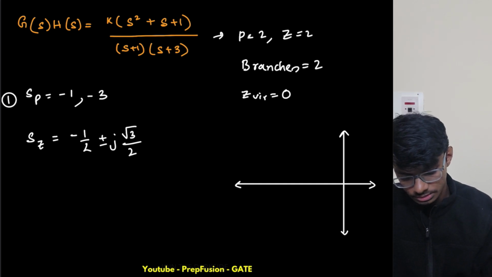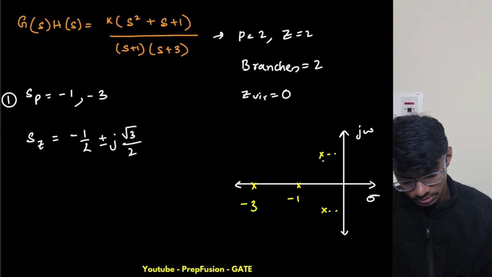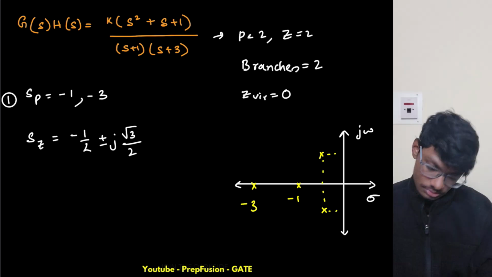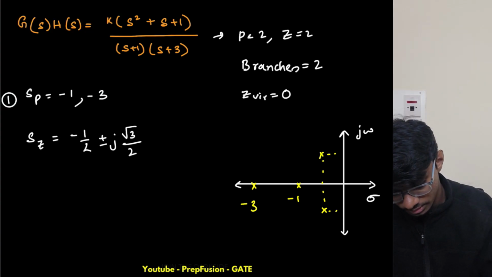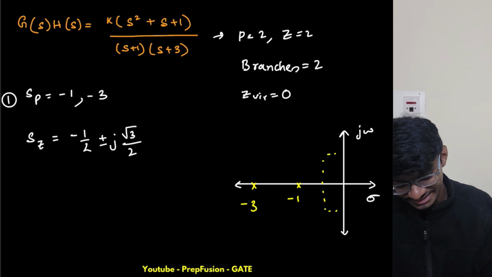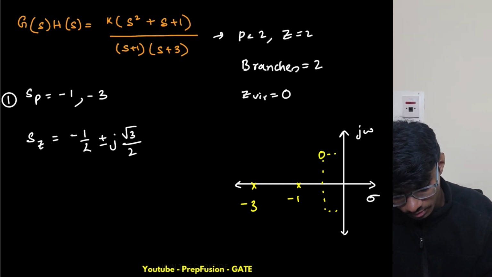This is j omega and this is -1, -3, and these are at -1/2 and plus minus j√3/2. Sorry, these are zeros, not poles. I'm going too fast. So these are poles. I'm just drawing a rough drawing.